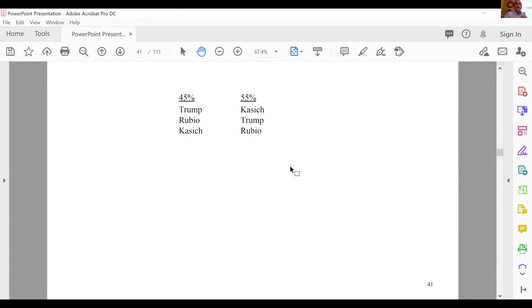So here's an example. Suppose there are two groups of voters. 45% have the ranking Trump, Rubio, Kasich. 55% have the ranking Kasich, Trump, Rubio.